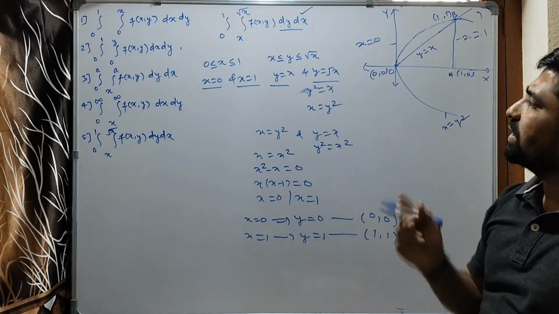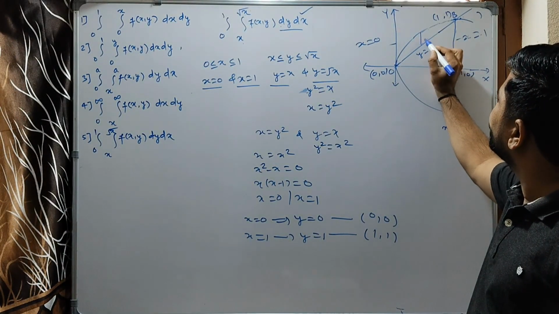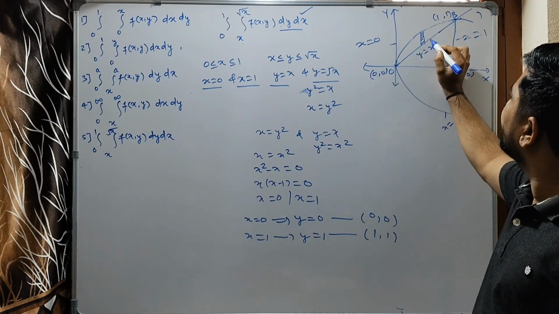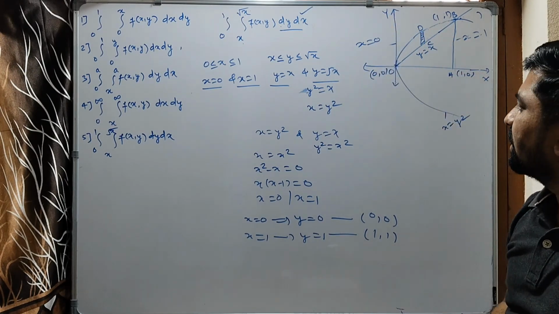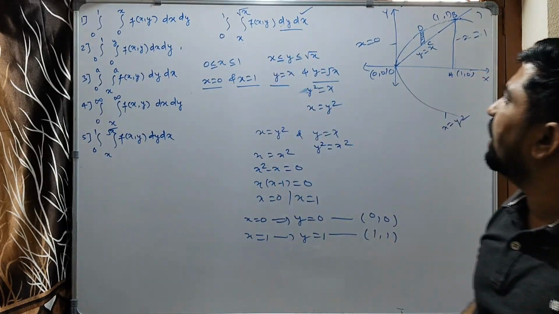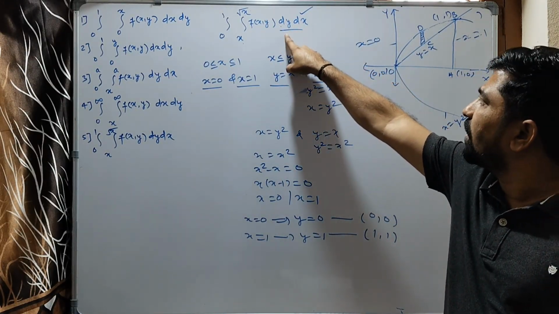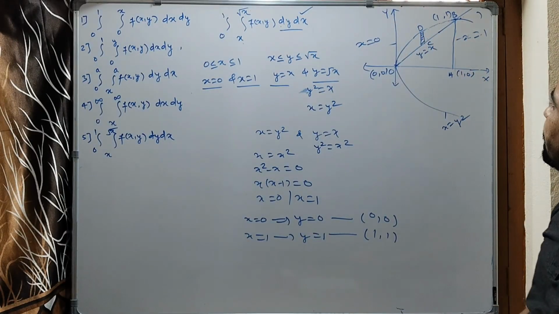So first integrate with respect to dy. Here I am using the vertical strip which is parallel to the y-axis. Let's say this is my strip CD, parallel to the y-axis. According to this order, first dy and then dx, I am drawing the vertical strip CD parallel to the y-axis.